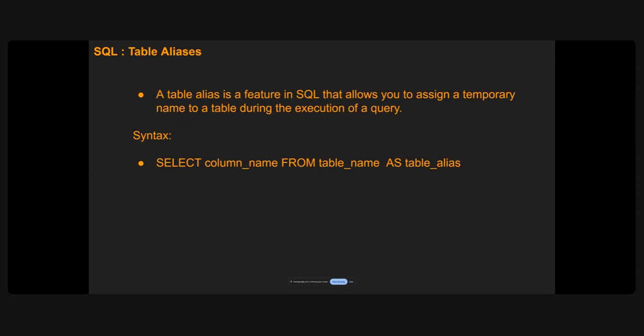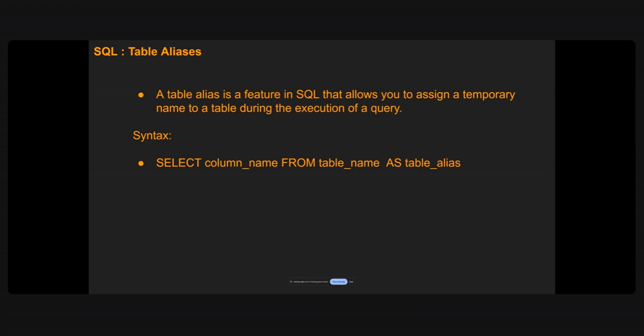Now we'll also learn about table alias. What is this table alias? You give a temporary name for your table. Say for example, in DVD rental, we have worked on a couple of tables, right? Select star from film, select star from actor, select star from store.